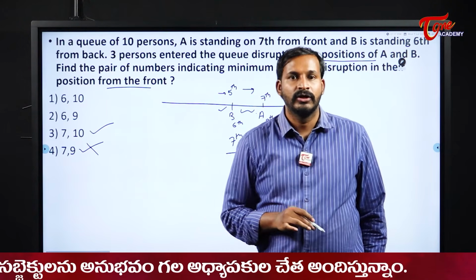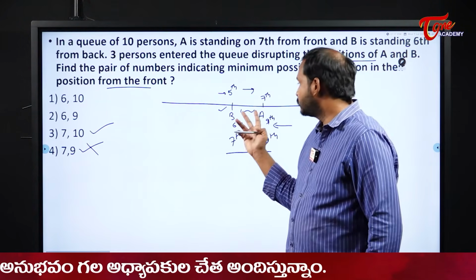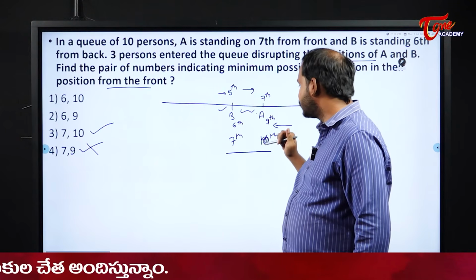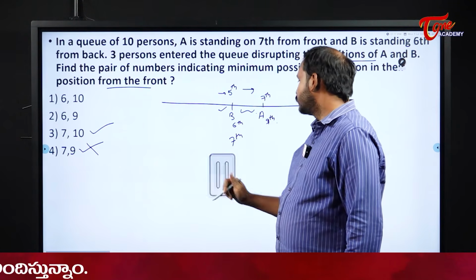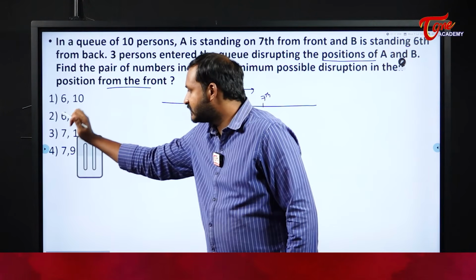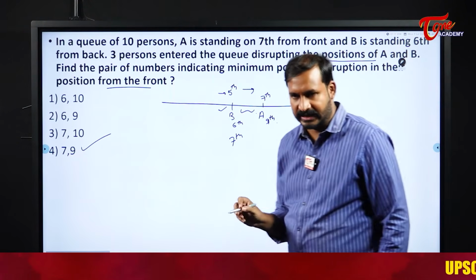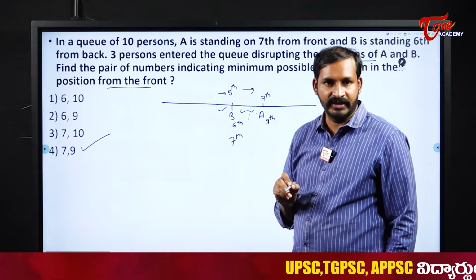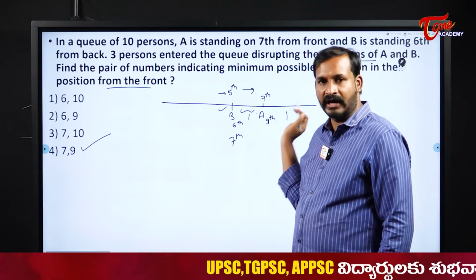Not 1 person. 2 persons are seated between these 2 persons. So why only 2? 1 can sit at the other end. So minimum disturbance is 7 and 9, that is correct. One person will sit before A, one person will be seated between A and B, and one person will sit after A.